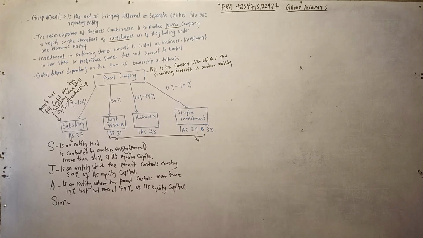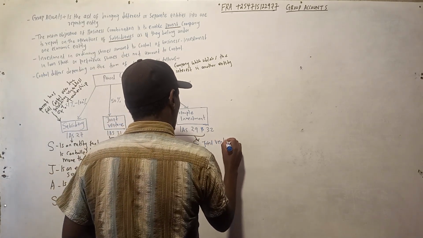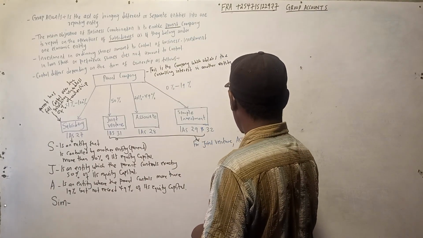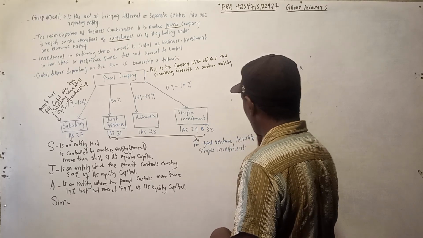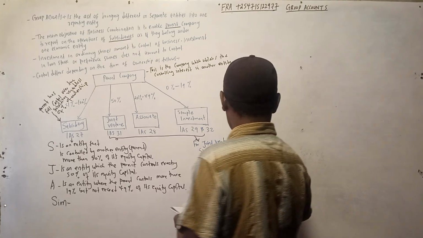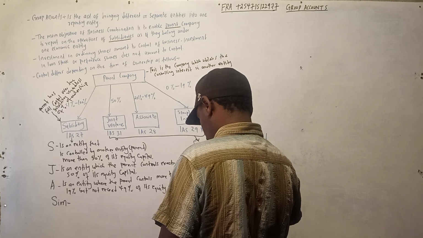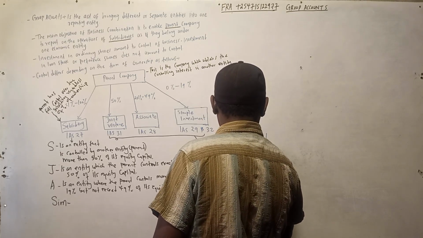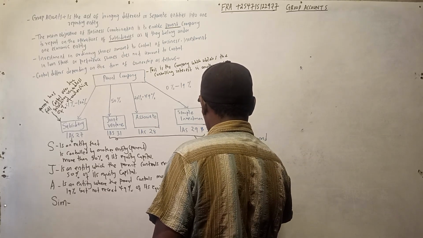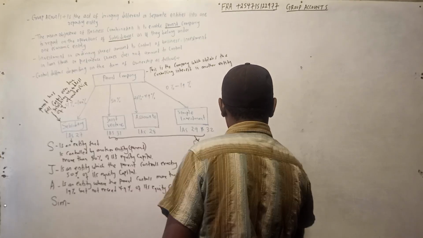For these, we say the parent exercises a significant influence but cannot control the entities.